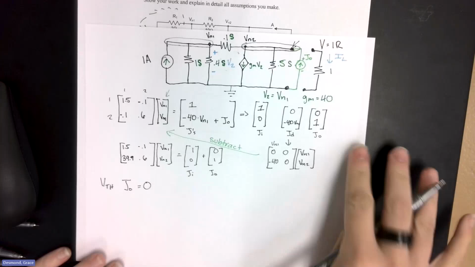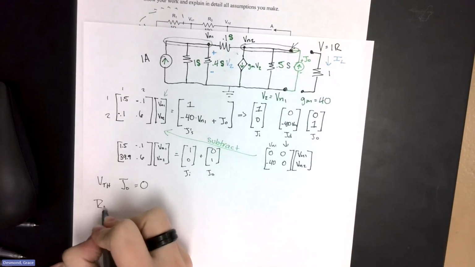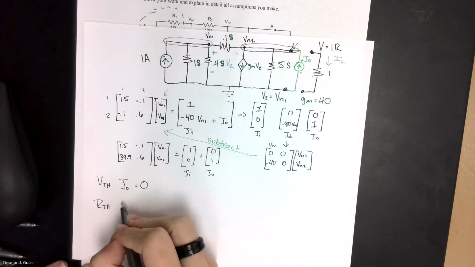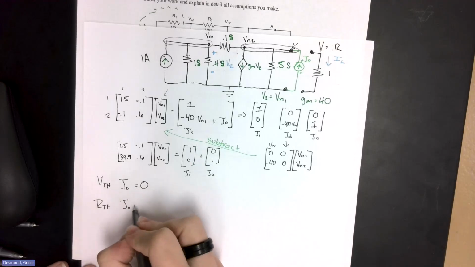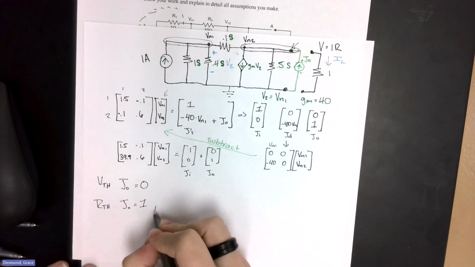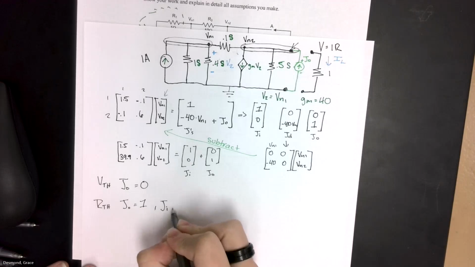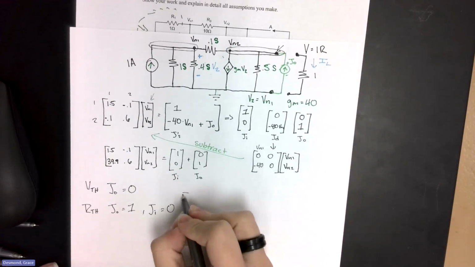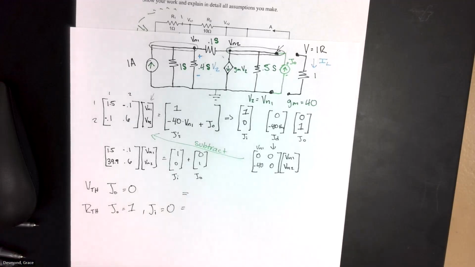And then to find our R Thevenin, what are we going to do? And what else? Exactly. So let's solve those in our calculator. Can we do that?